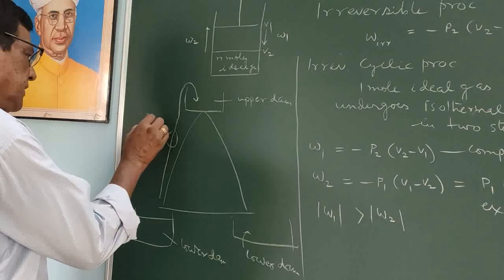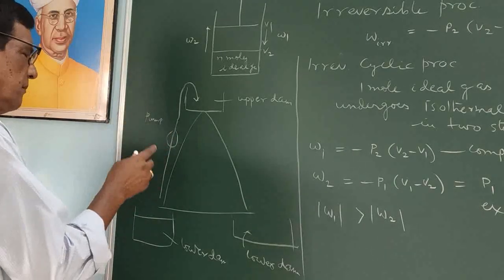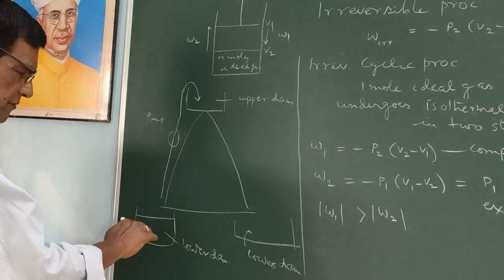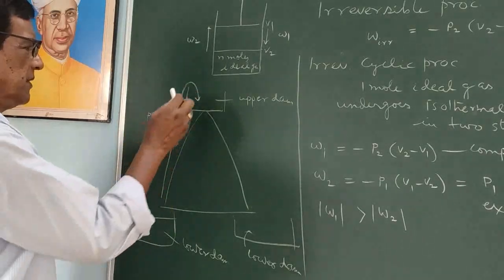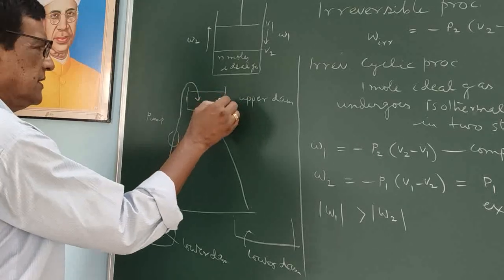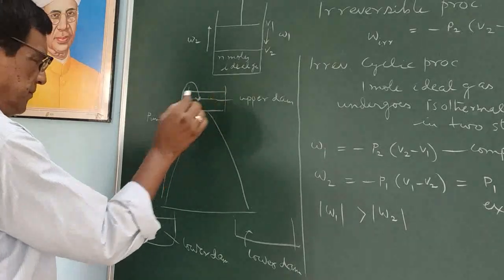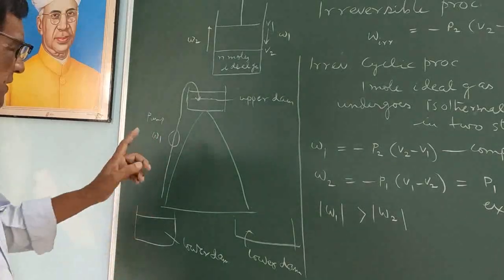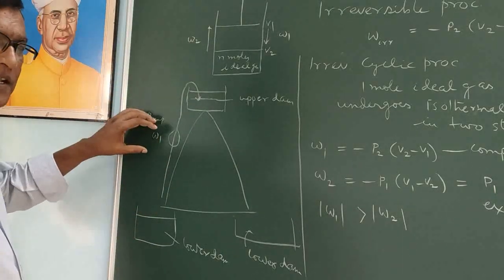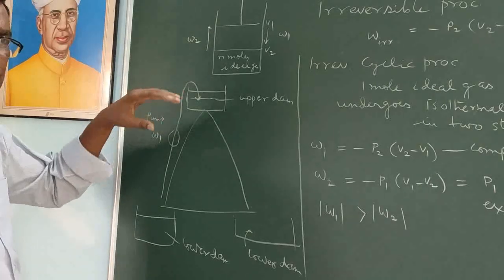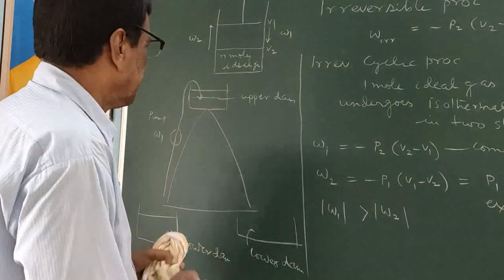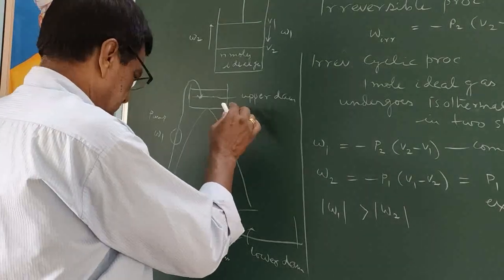Here is the electrical pump. By this water pump, the water is lifted from this lower dam to this upper dam, and here the water is stored. And this is W1. Water is lifted, and electrical energy is required to lift this water from this lower dam to this upper dam.